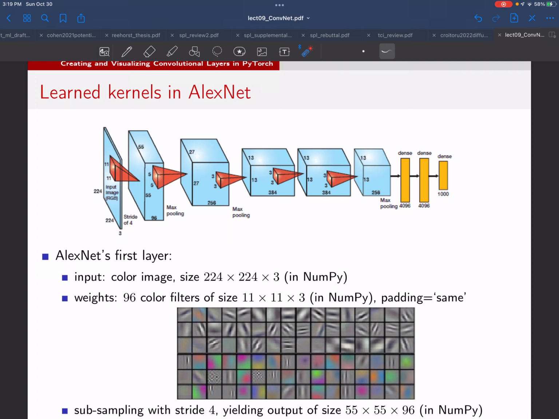So it's very interesting what it learned. There's checkerboard patterns, but these are the most basic building blocks that it can put together to eventually classify very complicated shapes of 1,000 real-world classes.